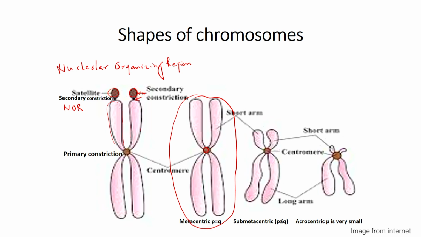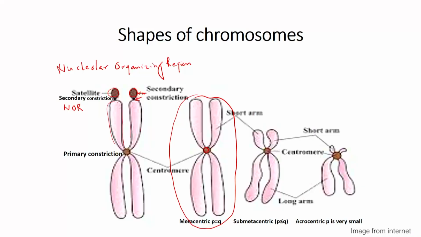How will they organize the nucleolus? The nucleolus region has ribosomal RNA. So the chromosome with ribosomal RNA genes, this region, has repetitive ribosomal RNA genes.